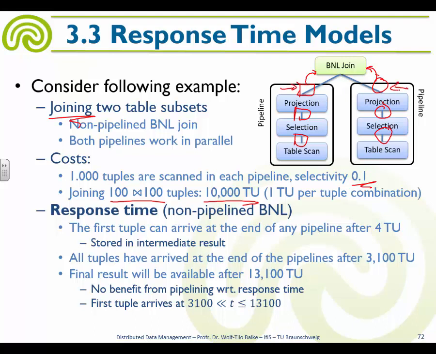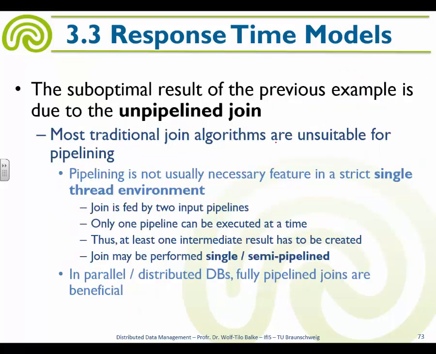So the total amount of tuples is there after, what did we say, 3,100 time units, okay? And then the final result, joining everything, will be 13,000 time units, basically, right? There's no benefit whether this has been produced with or without pipelines, right? No benefit at all.